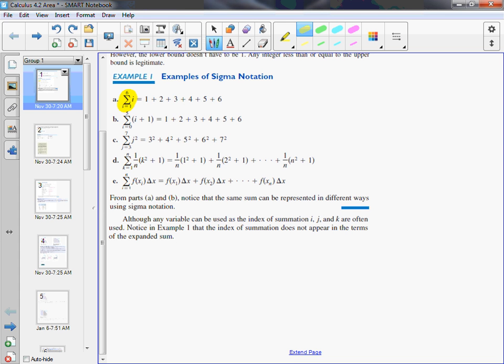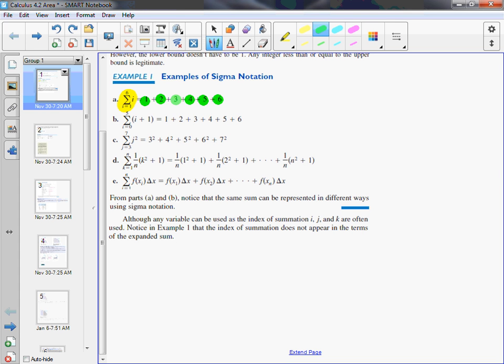And all of our terms look like I. So if we start with 1, the first term then has to be 1. All right? Then we count up to 2. Second term is 2. We count to 3, 4, 5. We stop at 6.